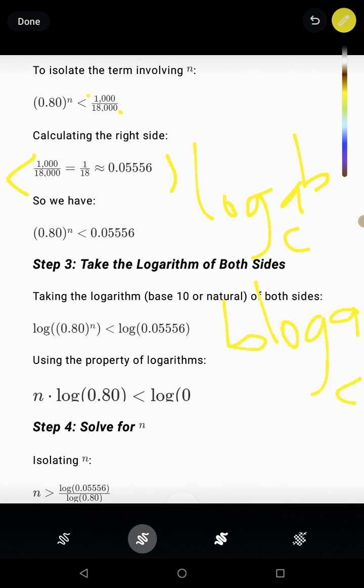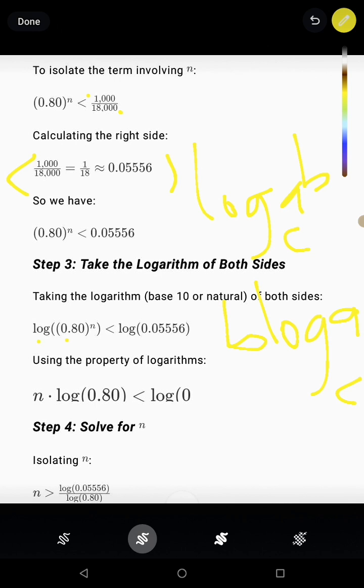That's just the knowledge you use. And I said earlier that if we don't put anything there, it is base 10. So we take logarithm base 10 on both sides, and the exponent n comes down to multiply the logarithm.